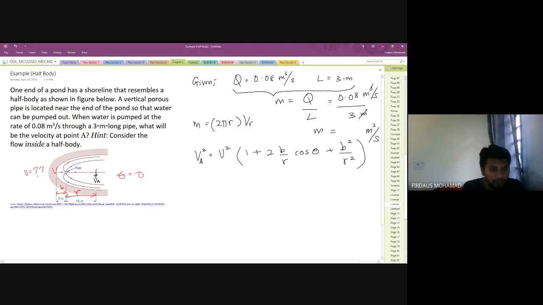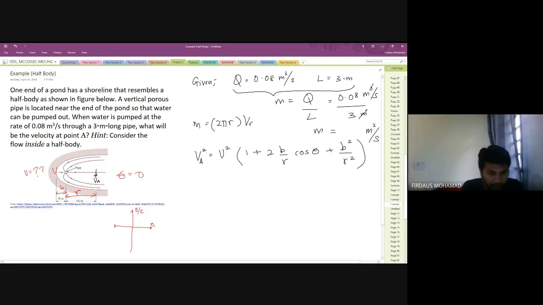So at point A, theta equal to 0. Basically it is based on this question. At this point, theta equal to 0. And then at this point at 90 degree, theta equal to pi over 2.